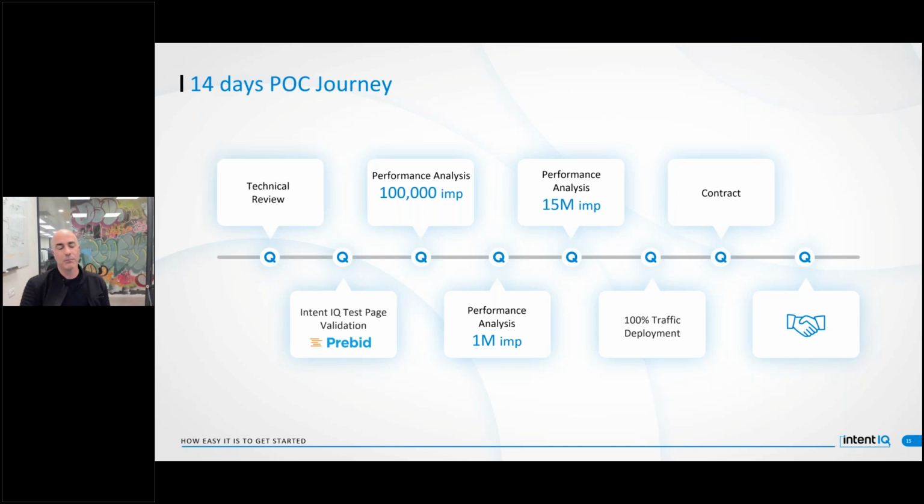Again, keeping the same metrics and health, increasing more sites, increasing more traffic, hitting the 15 million, and from there, you are good to go with 100% of your traffic, whether it's 100 million impressions or 1 billion impressions or even more. From that part, we're going to the contract, red lines, some boring legal stuff, and then a handshake of becoming a new customer and having that bid enhancement working for you on your cookieless inventory today.